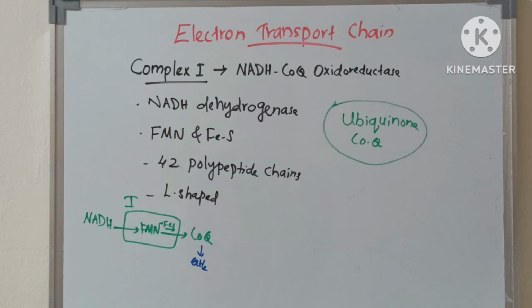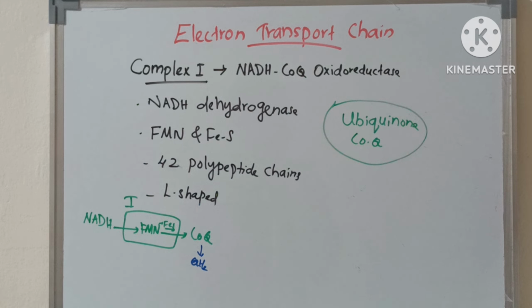It is also called NADH dehydrogenase. It has two prosthetic groups, FMN and iron sulfur centers, that is FeS. It has 42 different polypeptide chains and it is L-shaped. One arm of this L shape is in the inner mitochondrial membrane and the other arm is in the matrix.